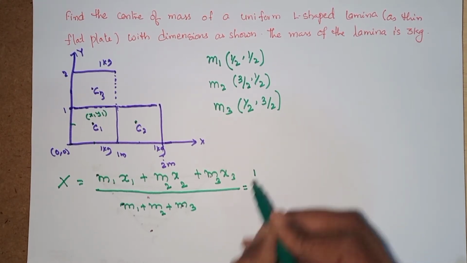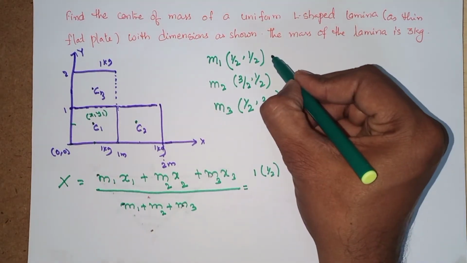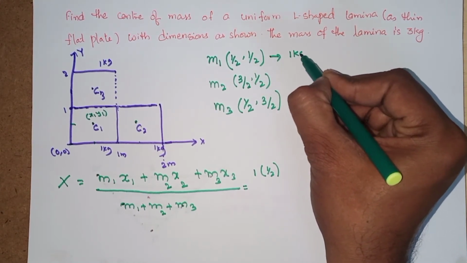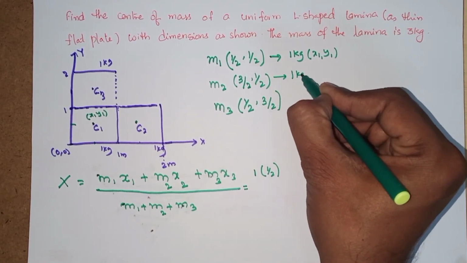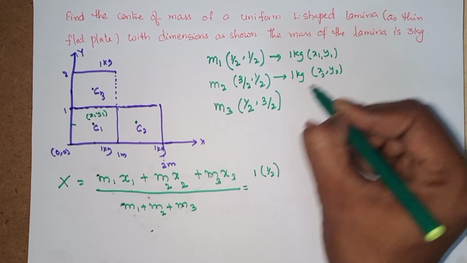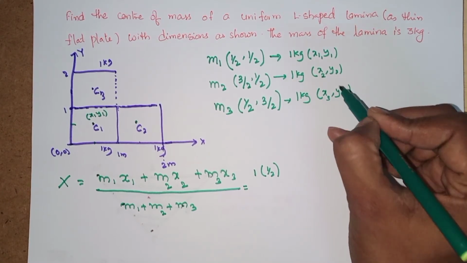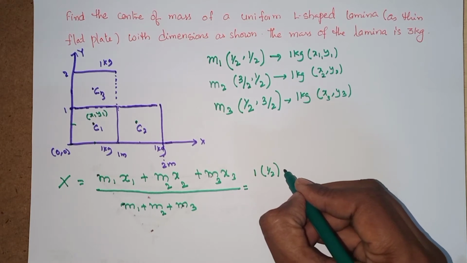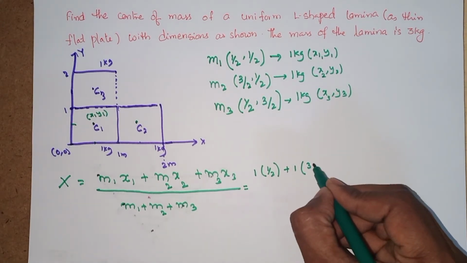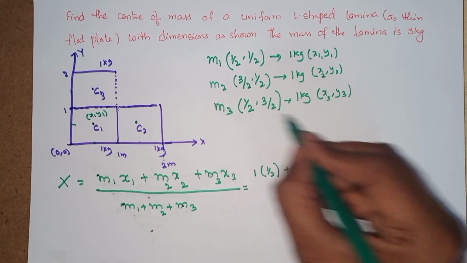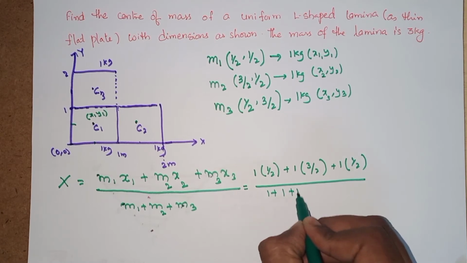M1 is 1 kg, x1 is 1/2; M2 is 1 kg, x2 is 3/2; M3 is 1 kg, x3 is 1/2, by 1 plus 1 plus 1.